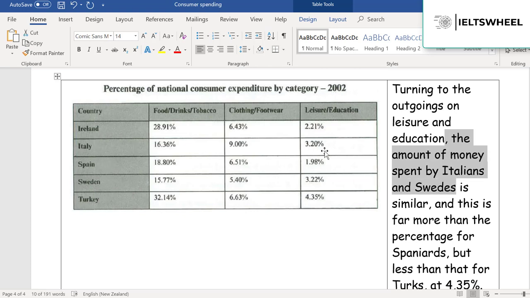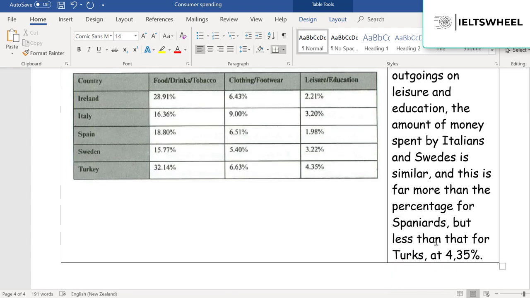Okay, so Italians and Swedes, okay, is similar, right? Because 3.20 and 3.22, and this is far more than the percentage for Spaniards, okay? Spaniards, which means those who are from Spain, okay, much more, but less than that for Turks.